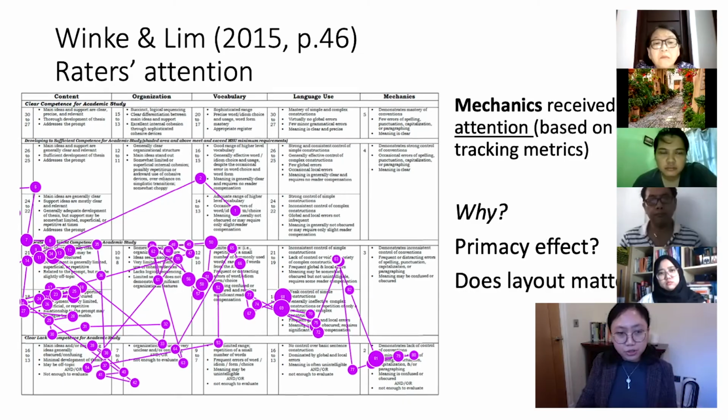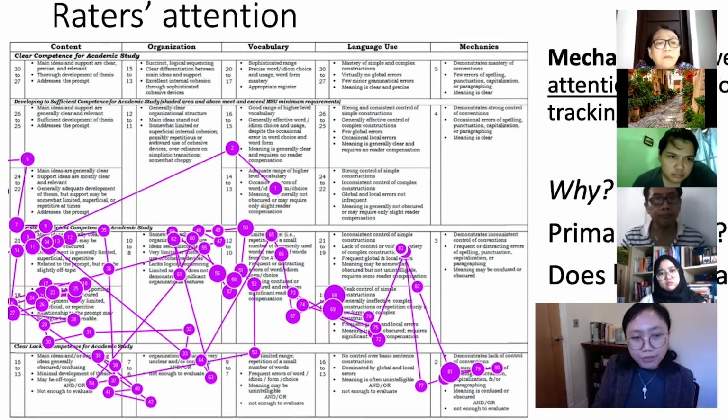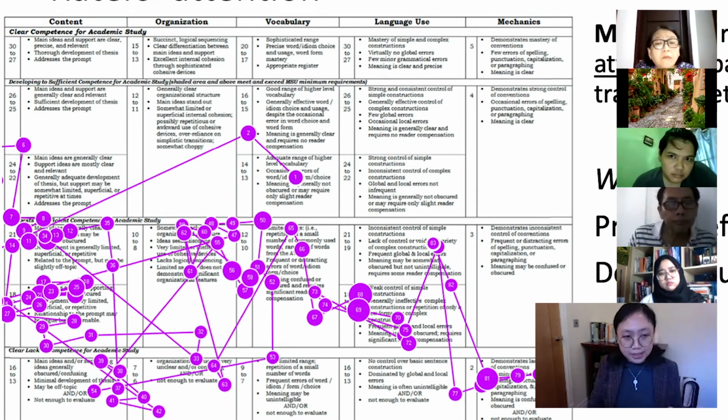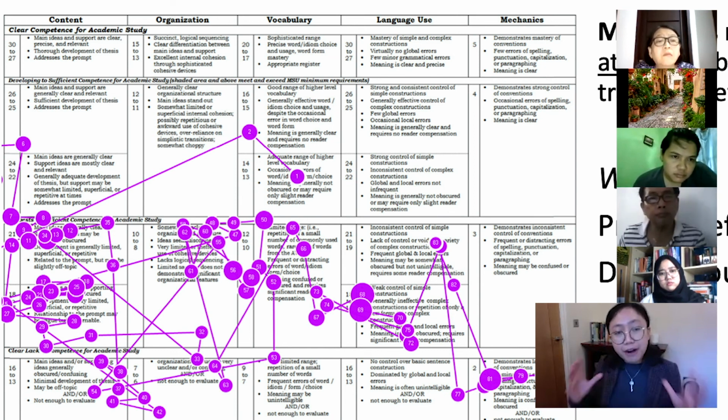I'm not sure if you can see the, well, you don't have to read the descriptors, but I hope you're able to see the criteria in the rating scale. So I'll just tell you there are 5 criteria: content, organization, vocabulary, language use, and mechanics.